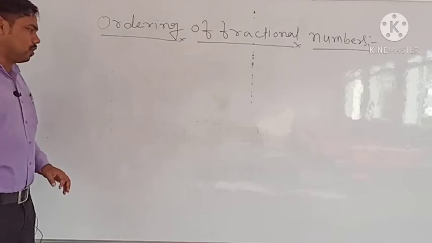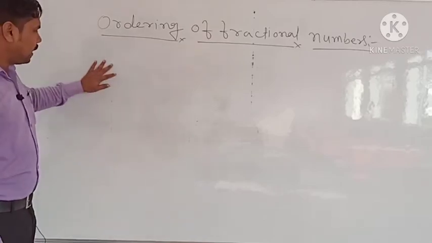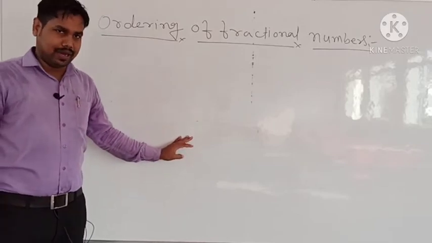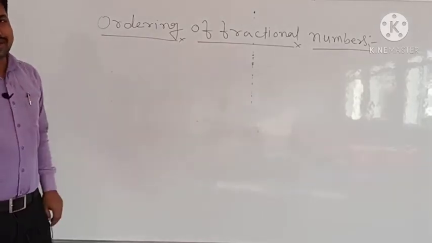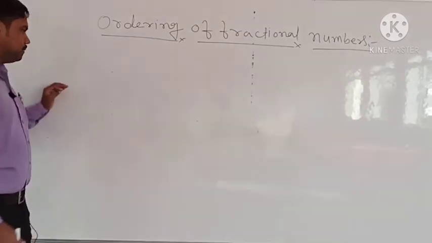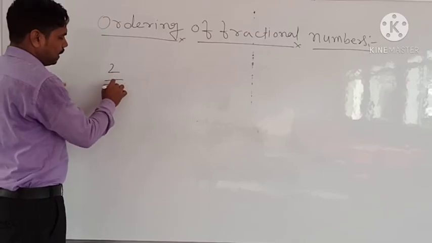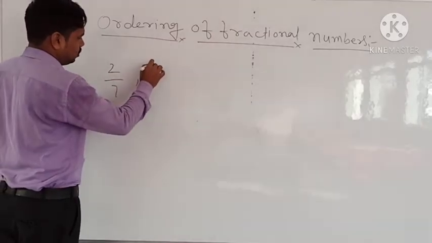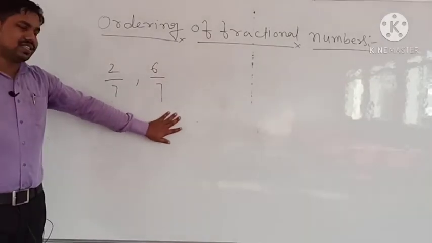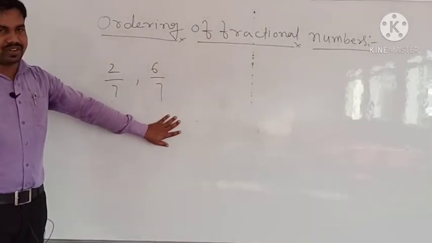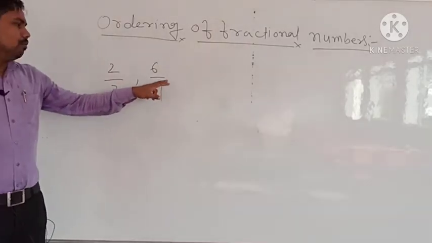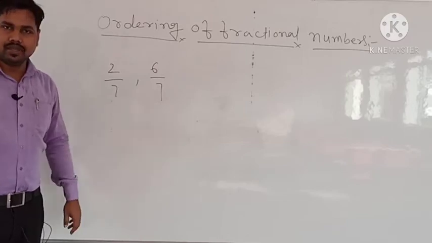So first, the most important thing, we have to check what kind of fractional numbers are given. Suppose two fractional numbers are like fractional numbers, for example 2/7 and 6/7. So here both the fractional numbers are like fractions. That means the denominators of both fractional numbers are equal.